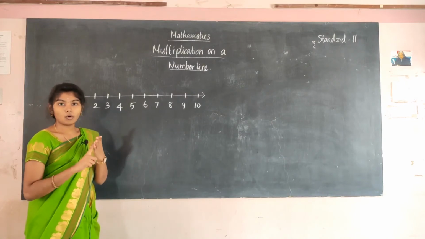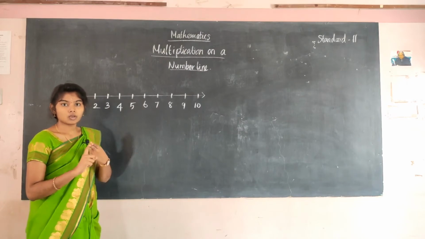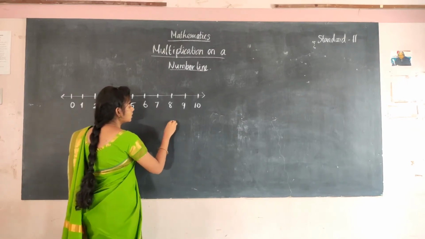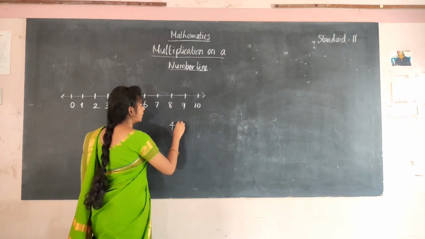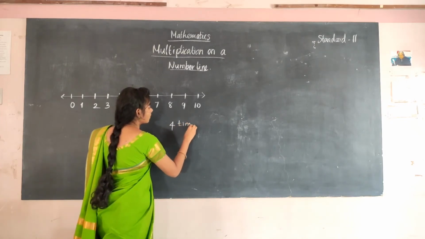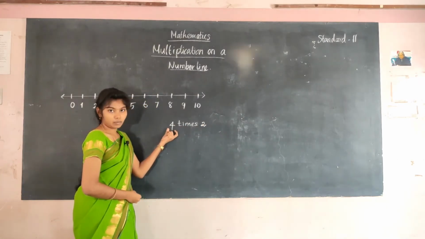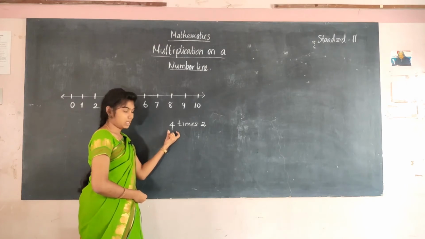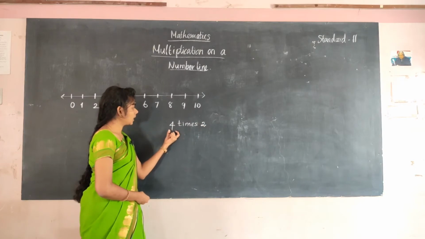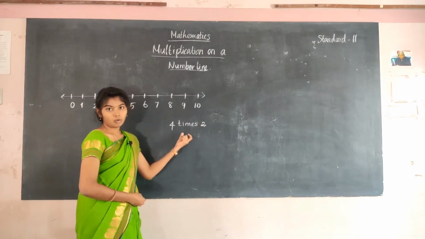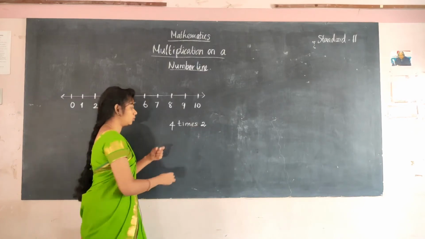Riya found 4 marker pen packets, and in each packet she found 2 pens. So that is 4 times 2. With 4 packets and 2 pens in each, it means 4 jumps of 2.